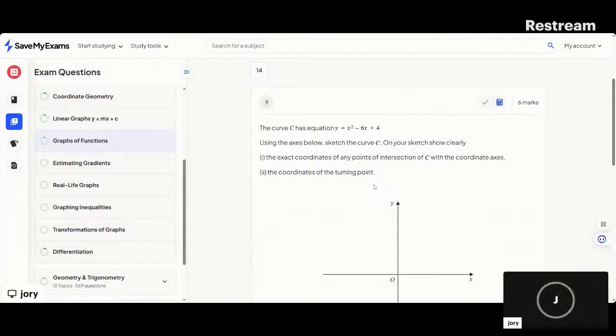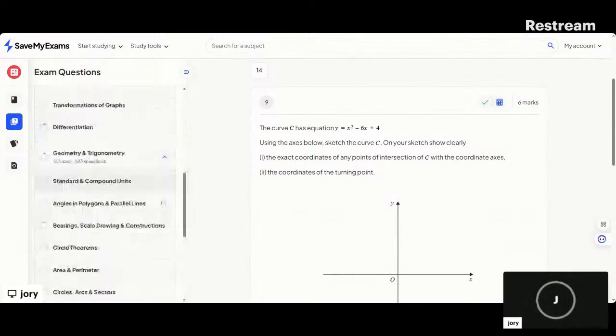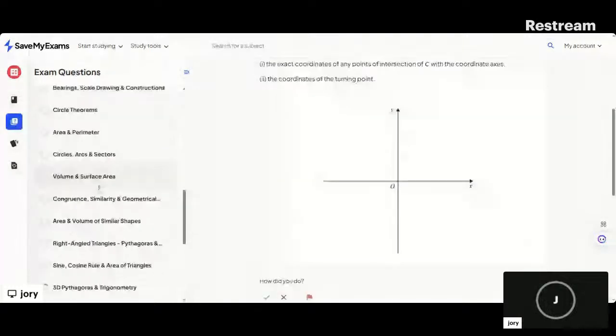Now, I will show you the intersection and turning point. Here we are. The turning point I can find using the first derivative. Did we take the first derivative? Oh my god, the differentiation.